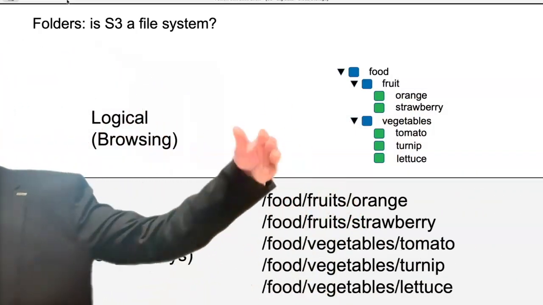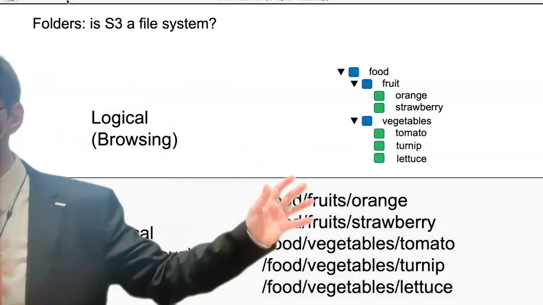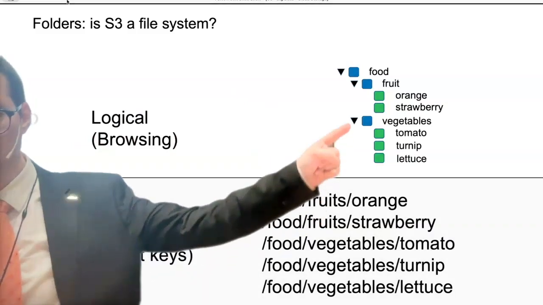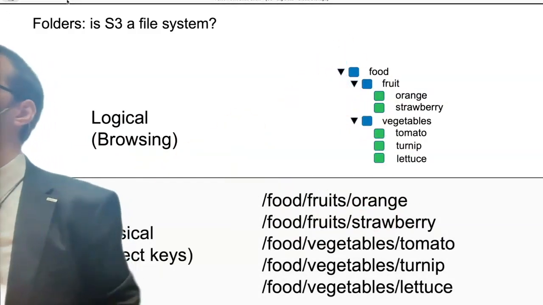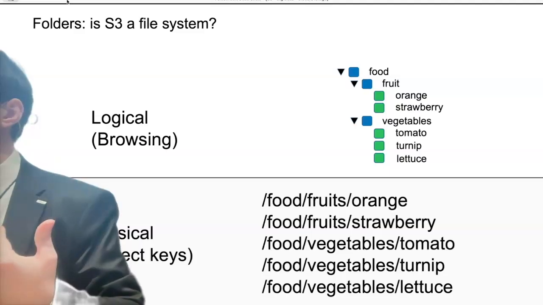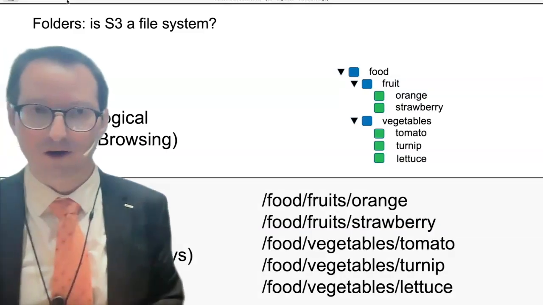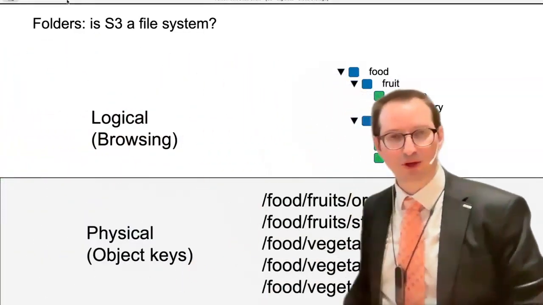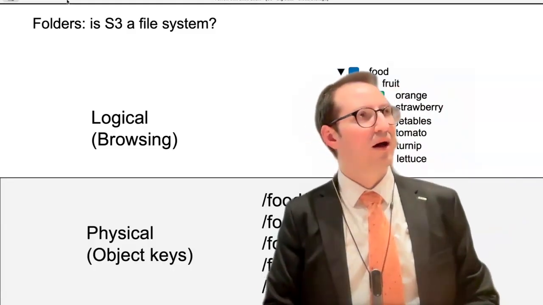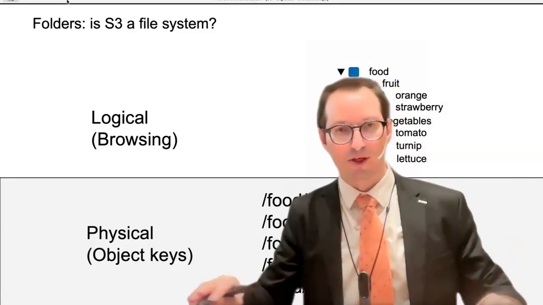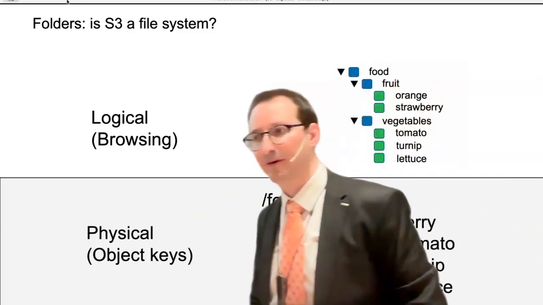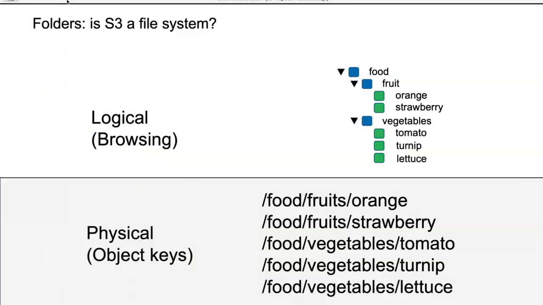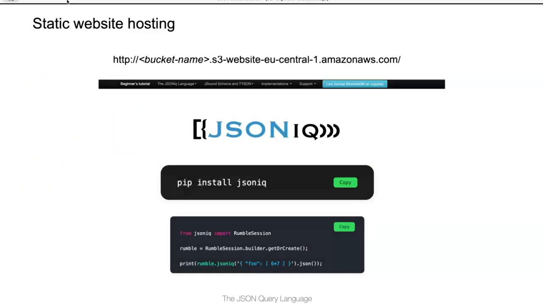And when you go to the user interface, there's plenty of user interfaces to S3 and such systems, you see a hierarchy like this, but it's more like an emulation of a hierarchy by interpreting the slash in a certain way. Again, physically, the way you store things, you just have object IDs and they are just maps to the objects.